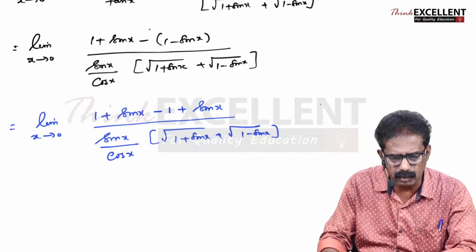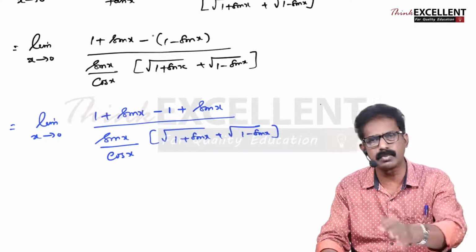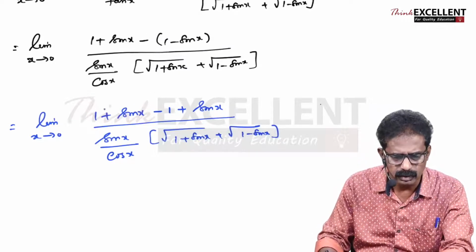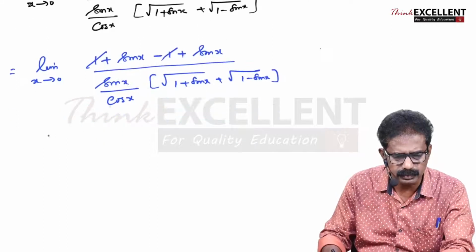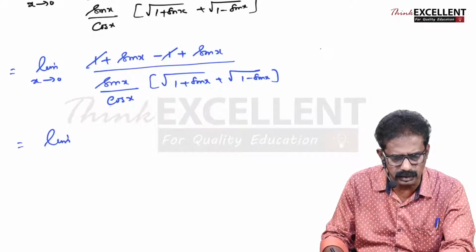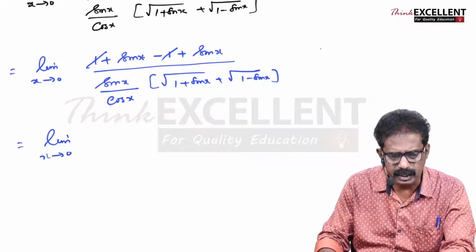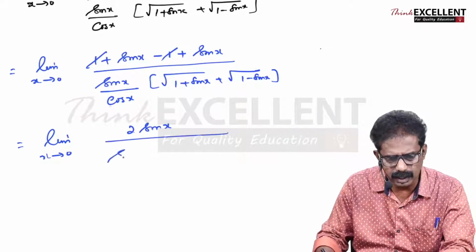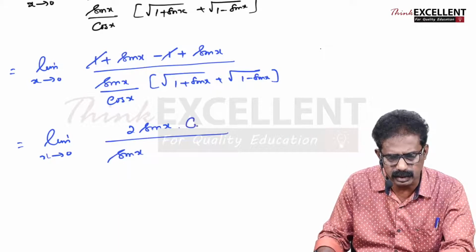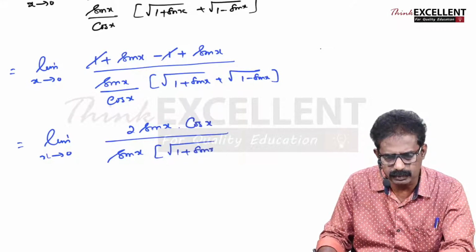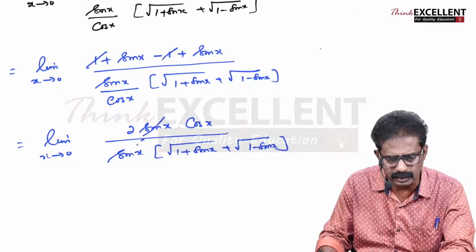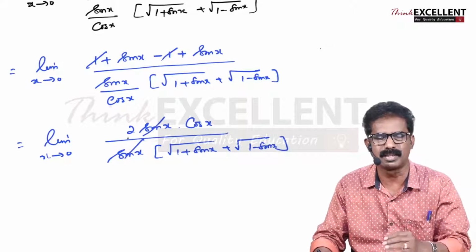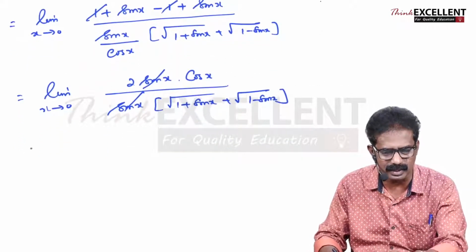Better you avoid this step, directly multiply the minus and write it. Now 1 minus 1 cancel, so sin x plus sin x is 2 sin x. The denominator has sin x by cos x, that goes, cos x goes up. Again you cancel sin x. The sin x only gave a lot of problems, right? Sin 0 is 0, but now all the sin get cancelled.